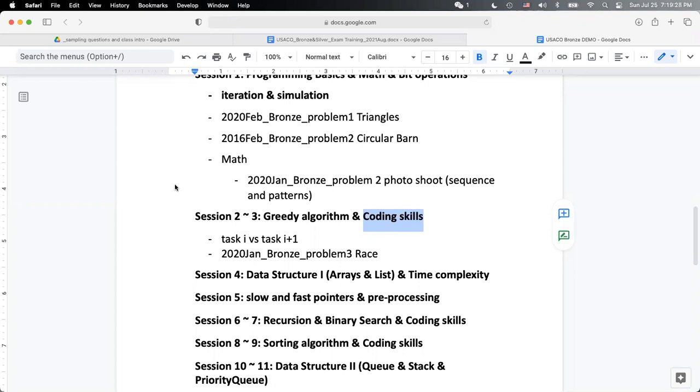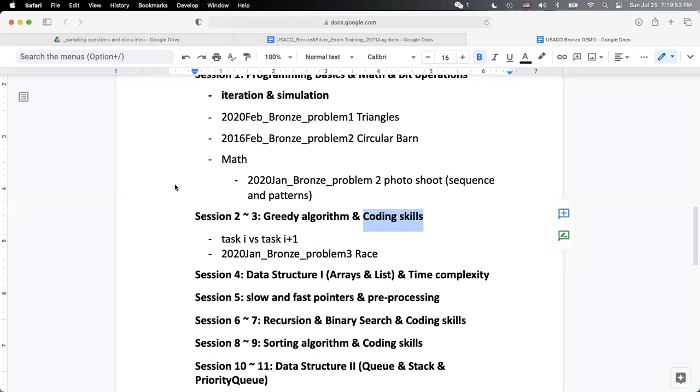But still, for bronze, I do want my students to have a basic sense to build up the curve, starting with a brute force algorithm. What I mean by brute force algorithm is literally translating the question description or requirement and reflecting that in your code.